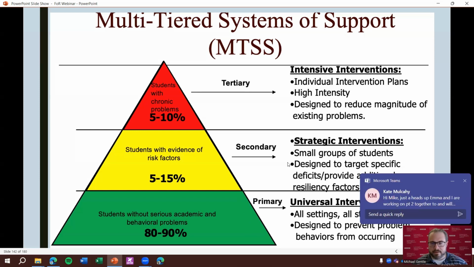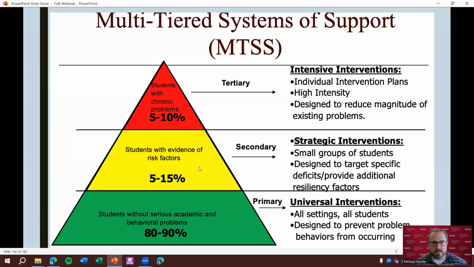Then we have a series of services that we call tier two. These are targeted interventions, usually for small groups of students, designed to target specific deficits. So if you see a couple of kids at the back of the room at a rainbow table or something, they're probably receiving tier two.